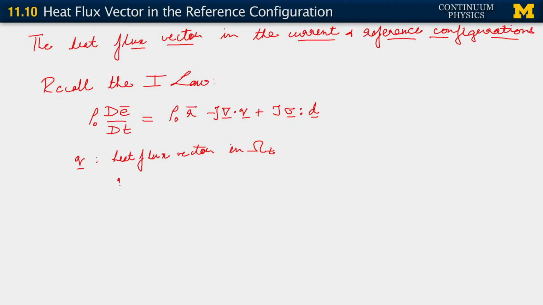So it is defined as the quantity of heat crossing a unit area, okay, where that unit area is in the current configuration. Okay, so it's quantity of heat crossing a unit area in omega t, and it's crossing that unit area perpendicular to the unit area.